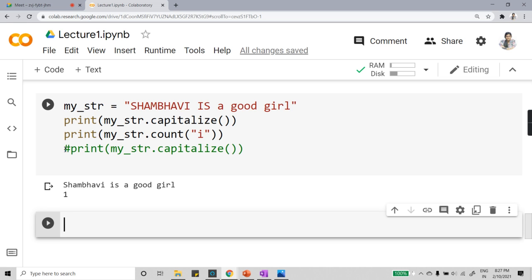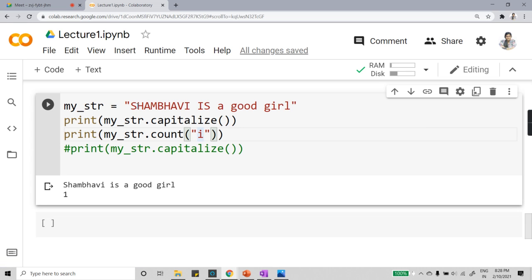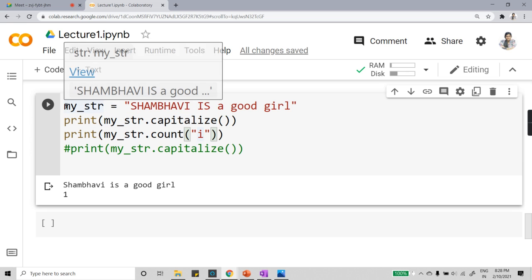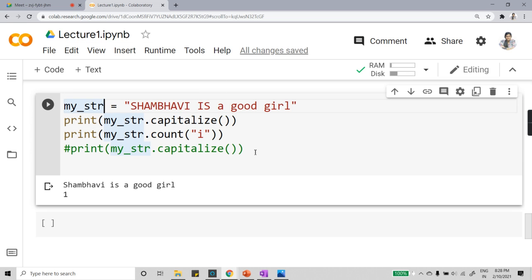See? Okay, now let me explain. It will not give you that, because the function which you are using is not storing its result in my_str. my_str will always have the real copy, whatever string I have given there.